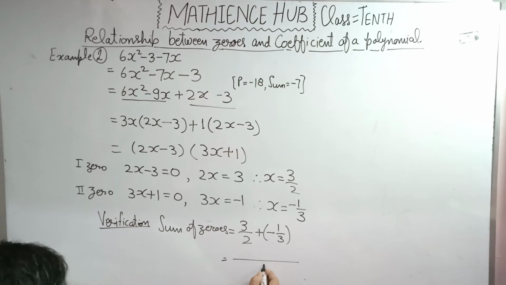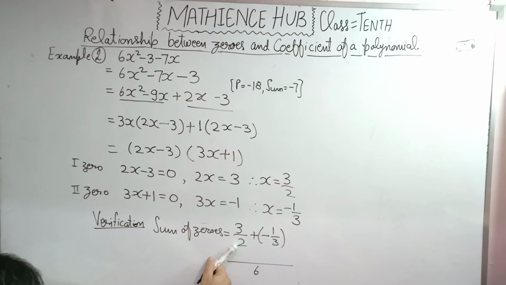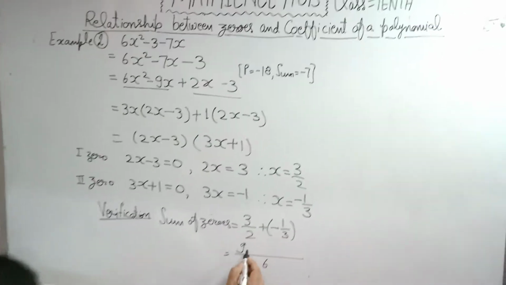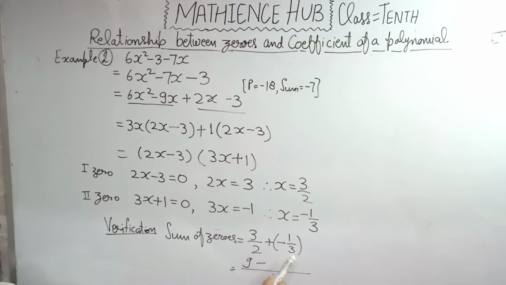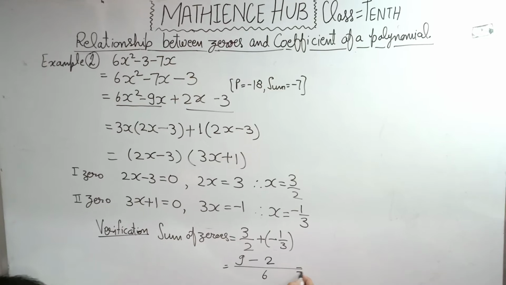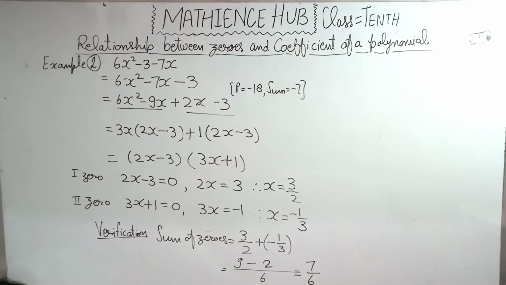LCM of 2 and 3 is 6. 6 divided by 2 we get 3. 3 3s are 9. Plus minus multiplication is minus. 3 2s are 6 and 2 1s are 2. So here we get the sum of zeros is 7 upon 6.